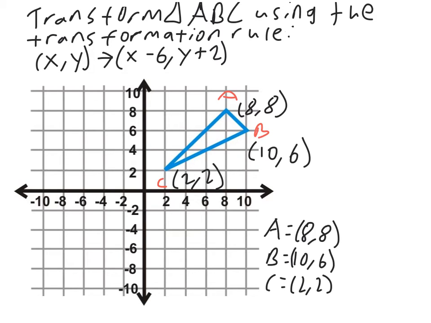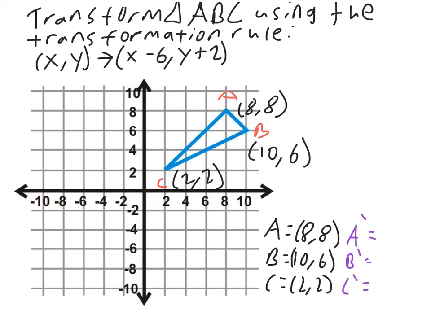So now what we want to find is our A prime, our B prime, and our C prime, the images. To do that, we look back up at the transformation rule and we see x minus 6 and y plus 2.